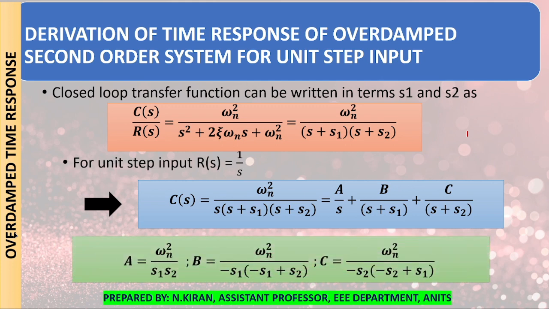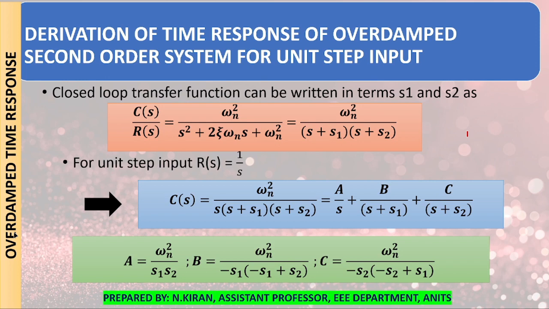Upon taking the LCM and comparing the coefficients on both sides, the A value is omega n square by s1 s2, the B value is omega n square by minus s1 into (s2 minus s1), and the C value is omega n square by minus s2 into (s1 minus s2).